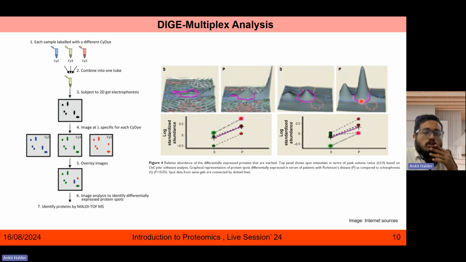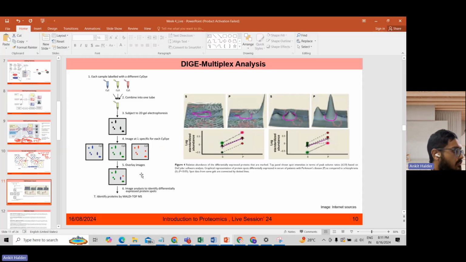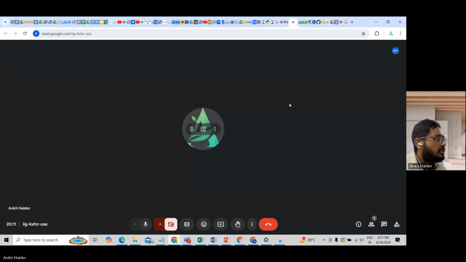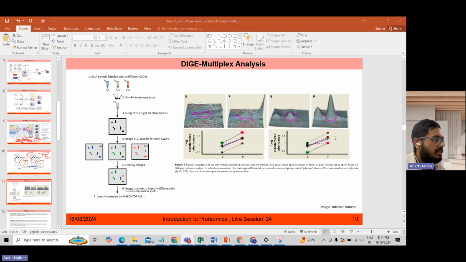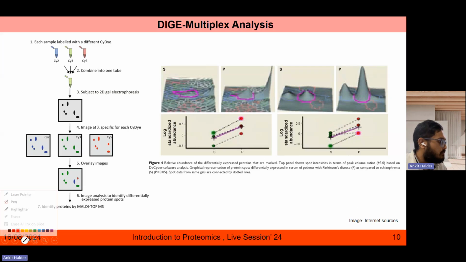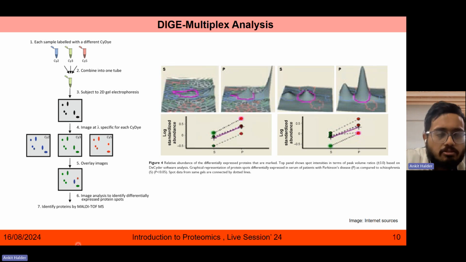Now you need to mark your borders, and if you remember from our previous 2D knowledge, we need to mention which are present, which one is noise, which one is a particular spot. Then finally we need to get the intensity, the expression level out of it.